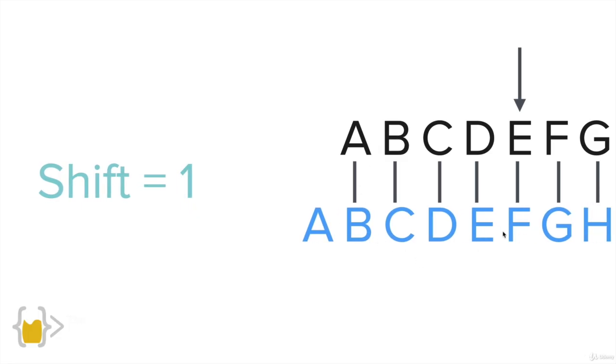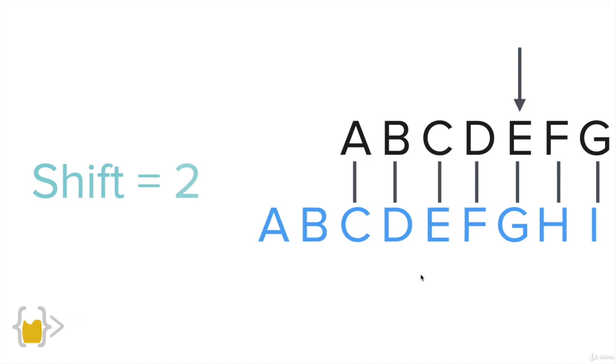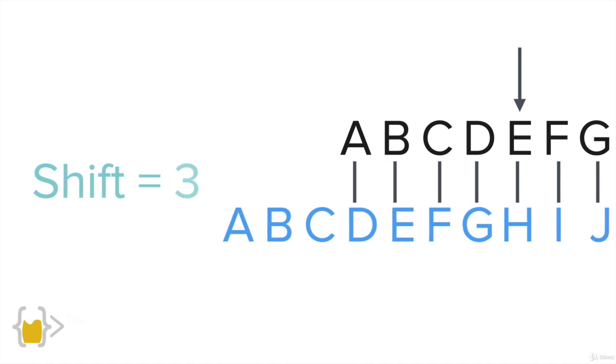Well, then the alphabet moves to the left and A becomes B, B becomes C, etc. And we can keep going until we get to the amount of shift that we wanted. So let's say we're going to encode all of our text with the shift of 3. Well, then E becomes H, F becomes I, G becomes J, and so on and so forth.